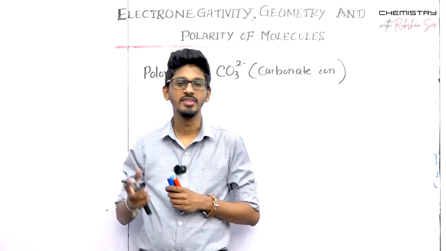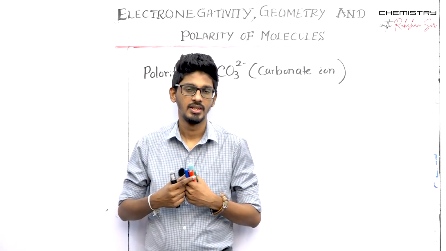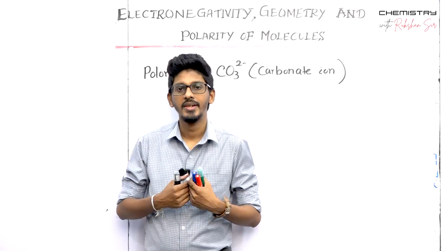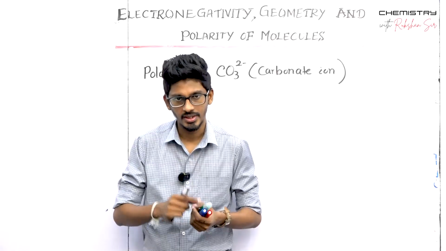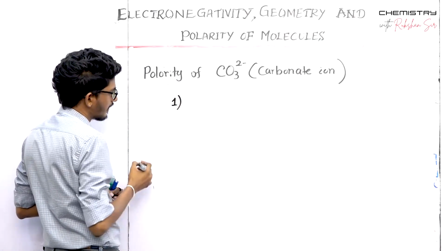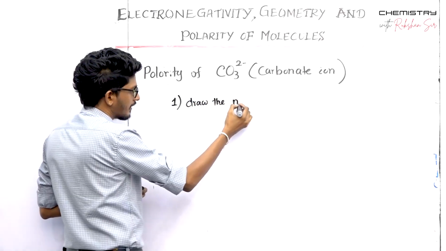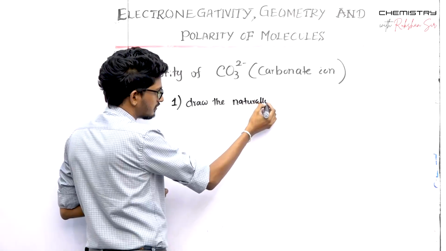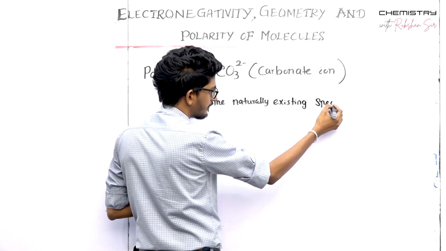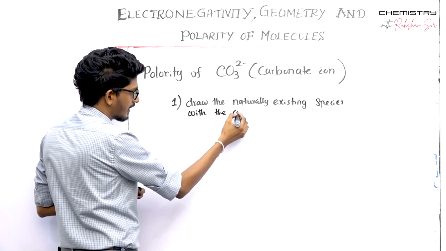If they have given you a species and asked you to comment whether it is polar or non-polar, this is how you are supposed to derive that. These are the steps. First, draw the naturally existing species with the correct shape.